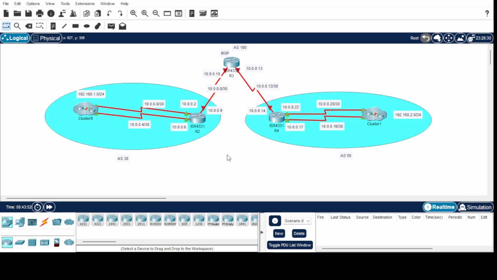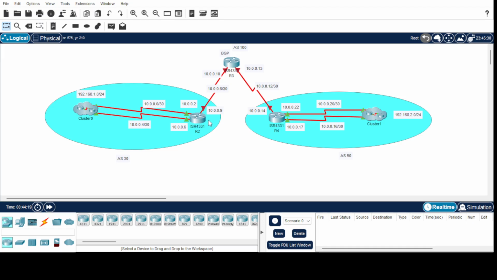So we have to make them interconnect with one another. In my previous videos, when there was only one particular routing protocol, what we did in the edge router was let BGP know the internal routing protocol and also let the internal routing protocol know the BGP routes.